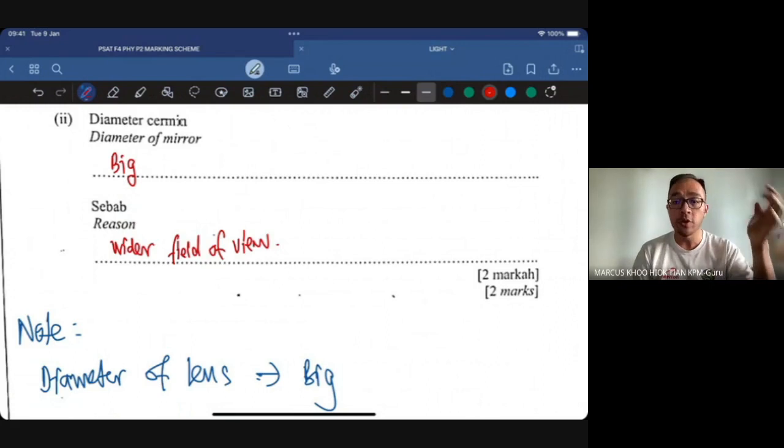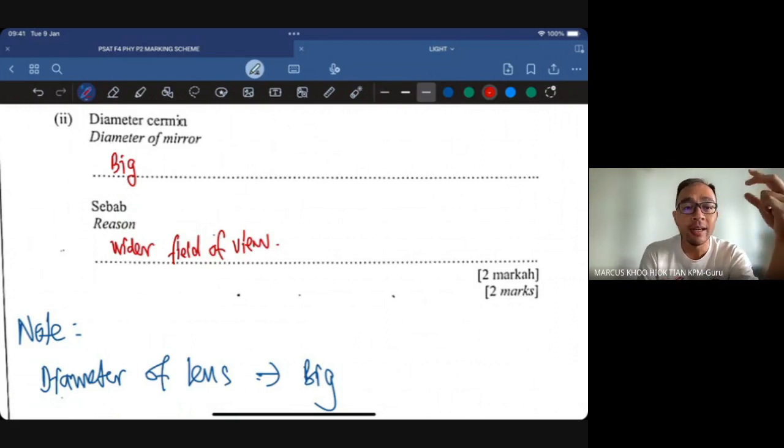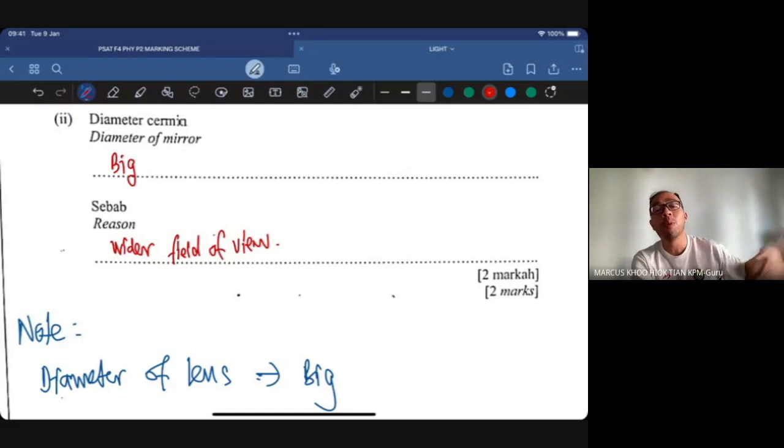Wider field of view is a more sophisticated answer, but it actually just means that you can see more of the shop. But we just give it a nice sounding answer by calling it wide field of view, which you can totally forget after SPM if you want.